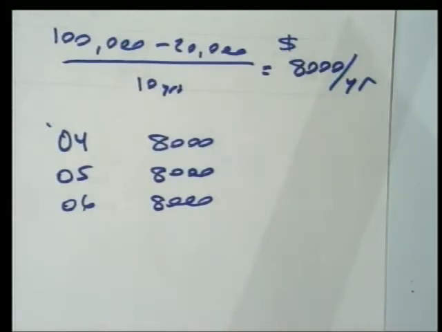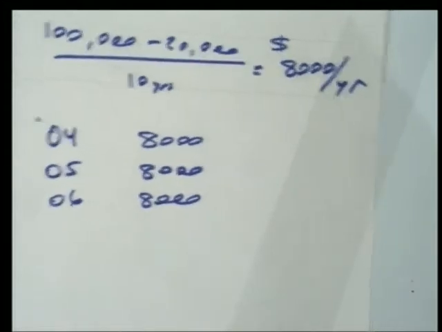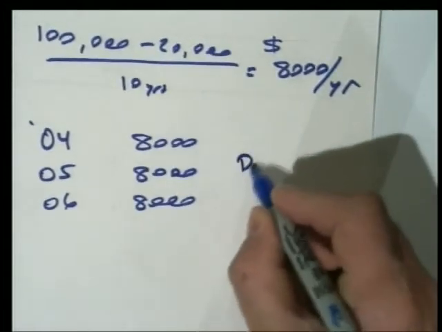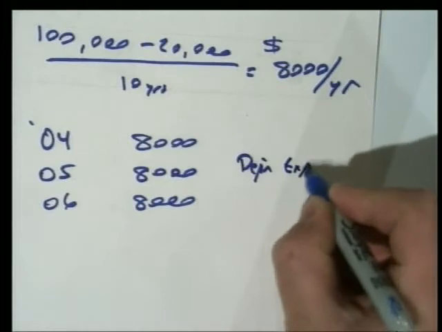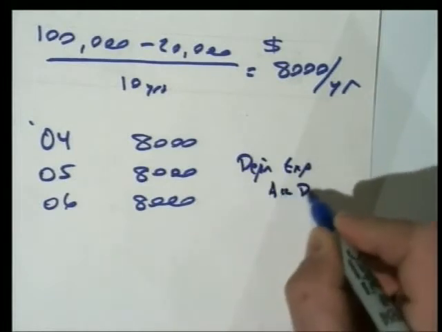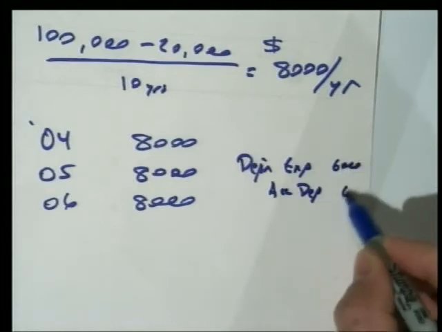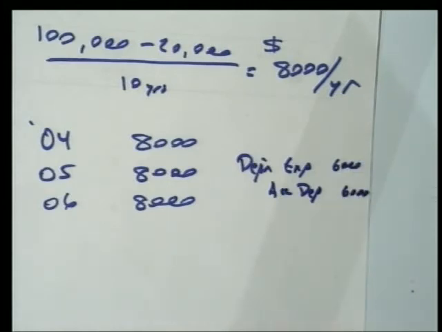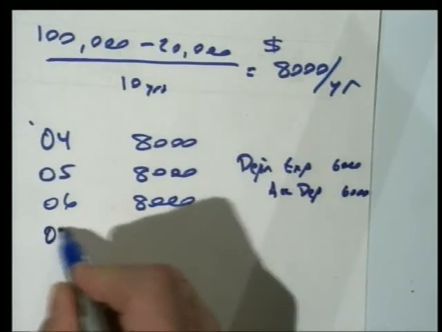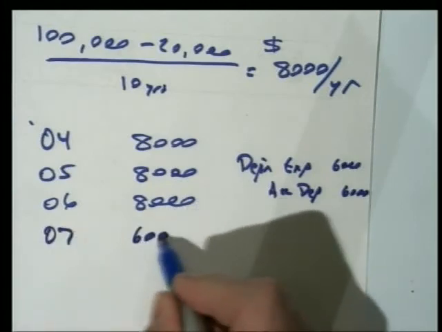So how many months of 2007 do we have to depreciate? 9. What's 9/12 times 8,000? 6,000, right? So the first thing that you want to do is you're going to actually record a journal entry for 6,000.